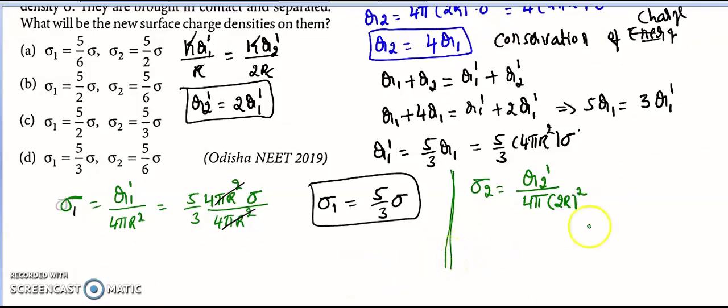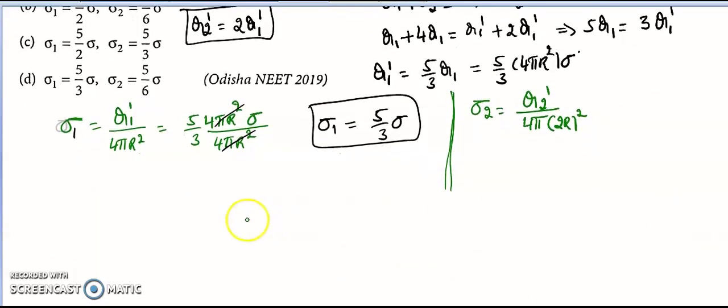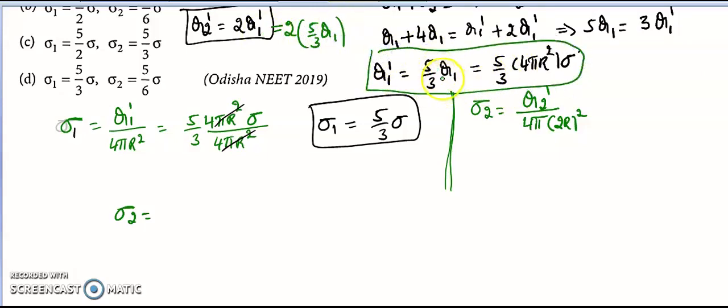Then sigma 2 is equal to, what is Q2 dash? Q2 dash is equal to 2Q1 dash. So Q1 dash is equal to how much? 2 into Q1 dash. Q1 dash value is 5 by 3 Q1, that is 4 pi R square sigma.